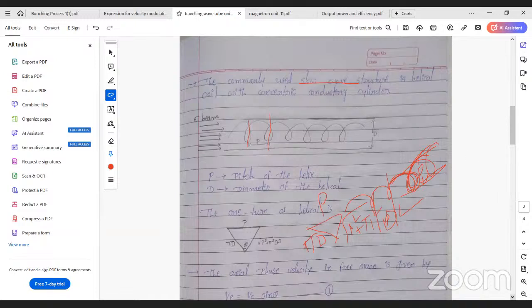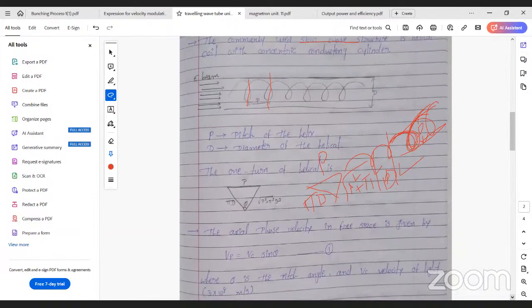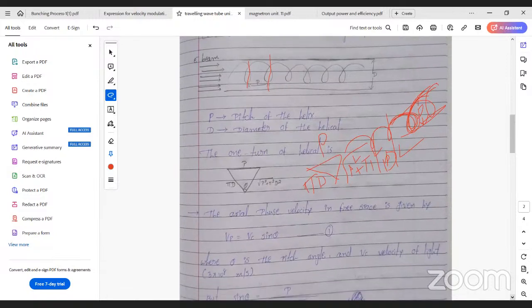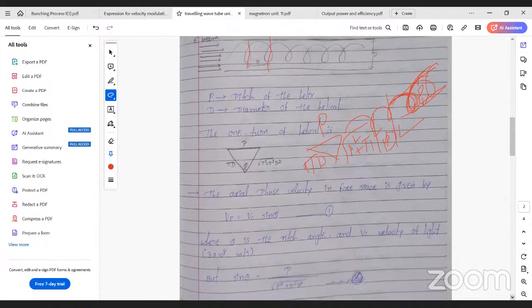After making the one turn calculation, now I am writing the phase velocity of the radio frequency signal we are sending. That velocity is equation number 1: Vp equal to Vc sin theta. Here theta is the pitch angle and C is the velocity of light.